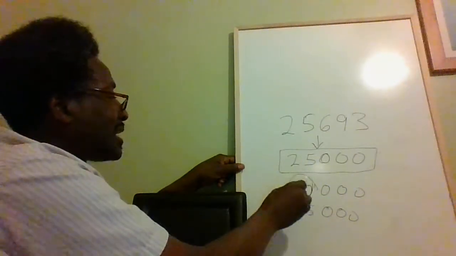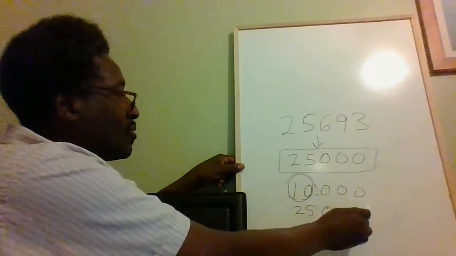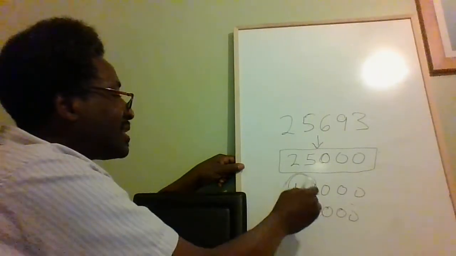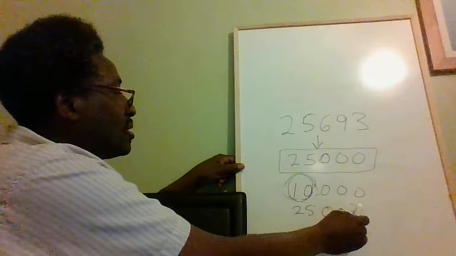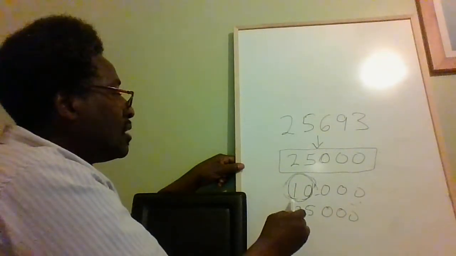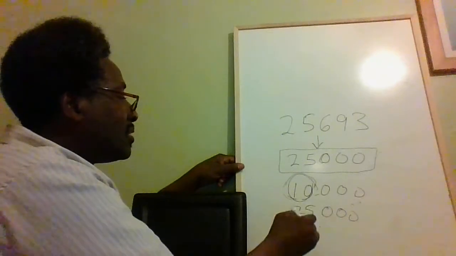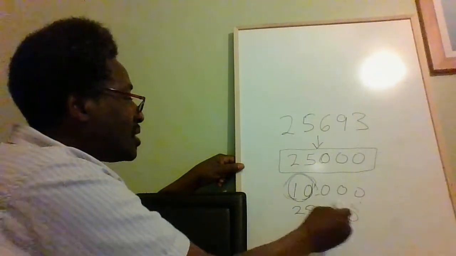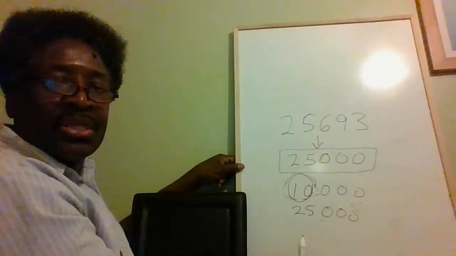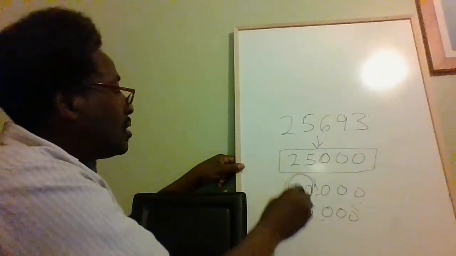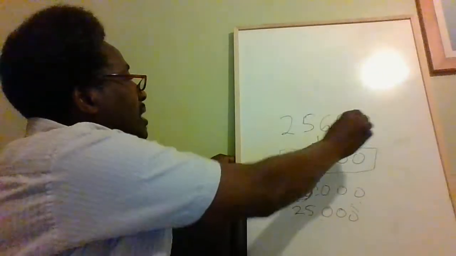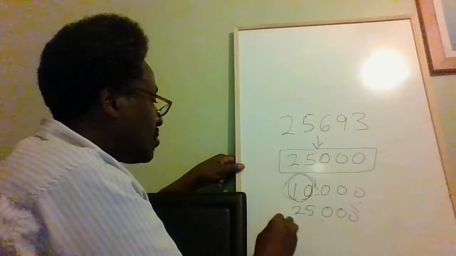You can also see it as 10 with 3 zeros. So 25 with 3 zeros is 25,000. I hope you're understanding this. So this is 25,000. Make this 0, so you say 25,000. Write that in words.